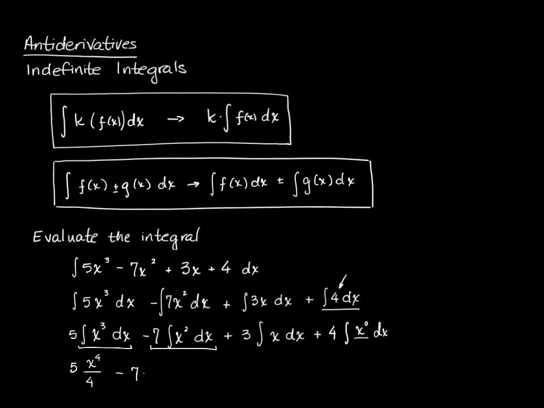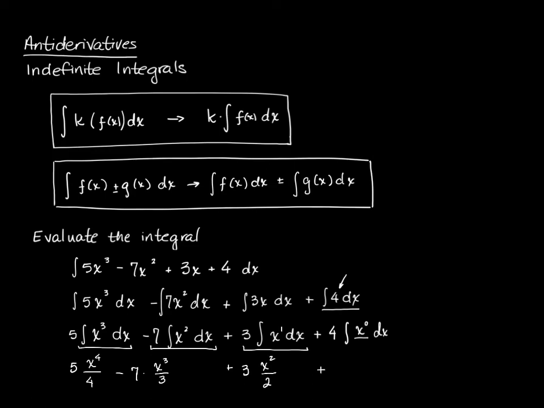So I'll just copy down the 7 and integrate x squared dx. The integral of x squared is x cubed over 3, or 1/3 x cubed. In my third term, I have 3 times an integral. The integral of x is x squared over 2. I can simply use the power rule here.